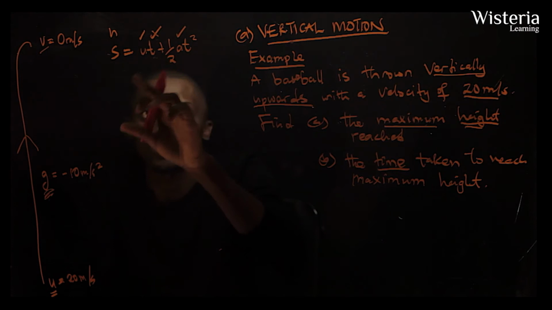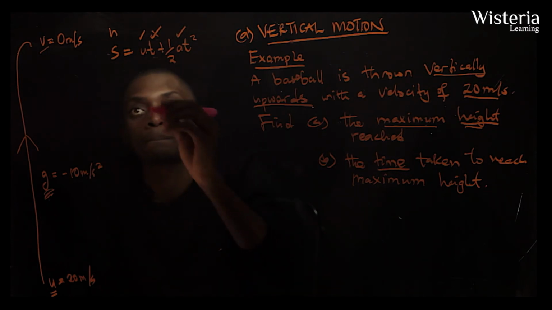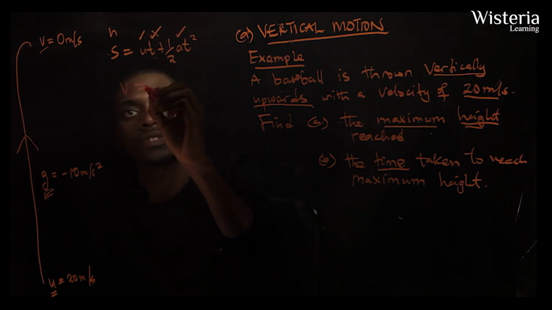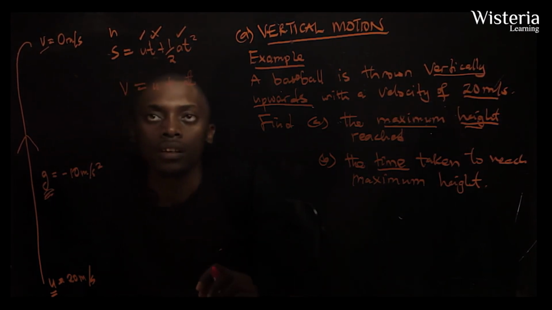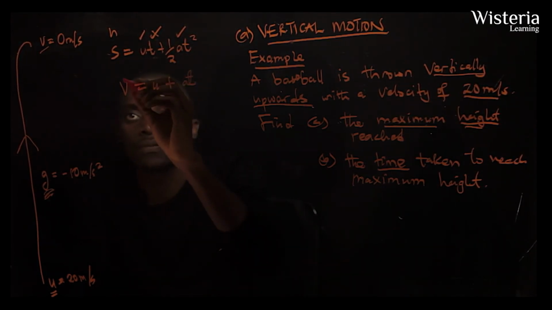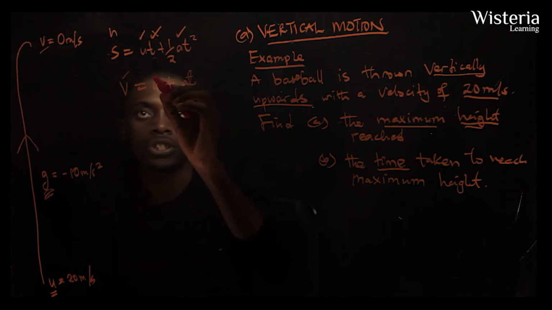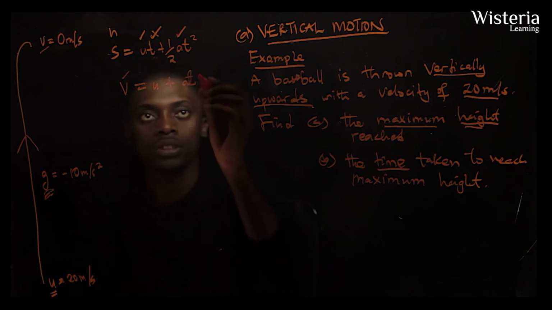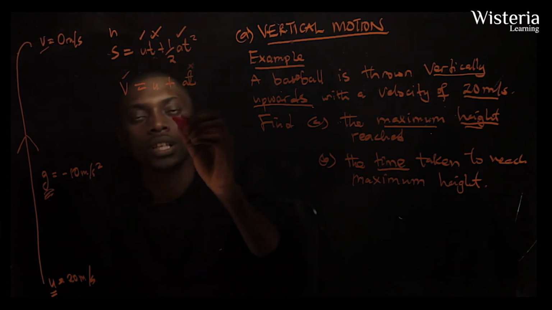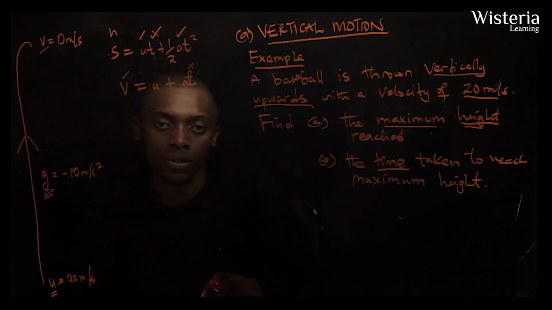If we had time, we could have used that equation. Then we have another one which says V equals U plus AT. In this equation, we want to find final velocity if we have initial velocity, acceleration, and time. Yet again, we do not have time, so we cannot use this equation.